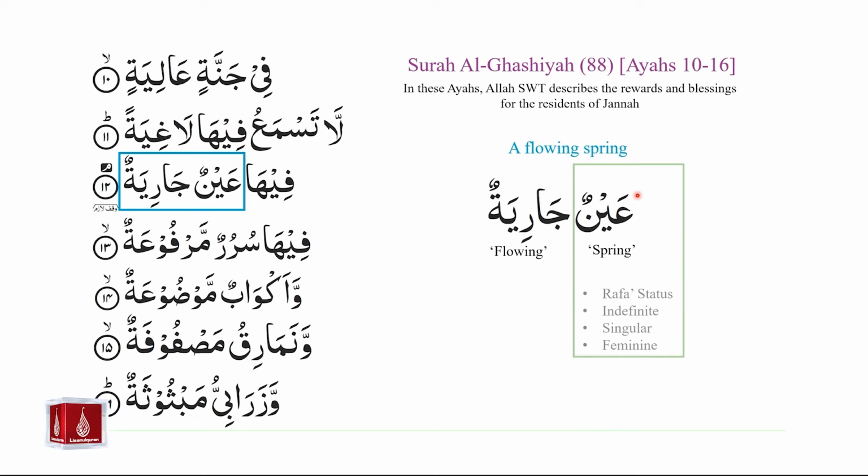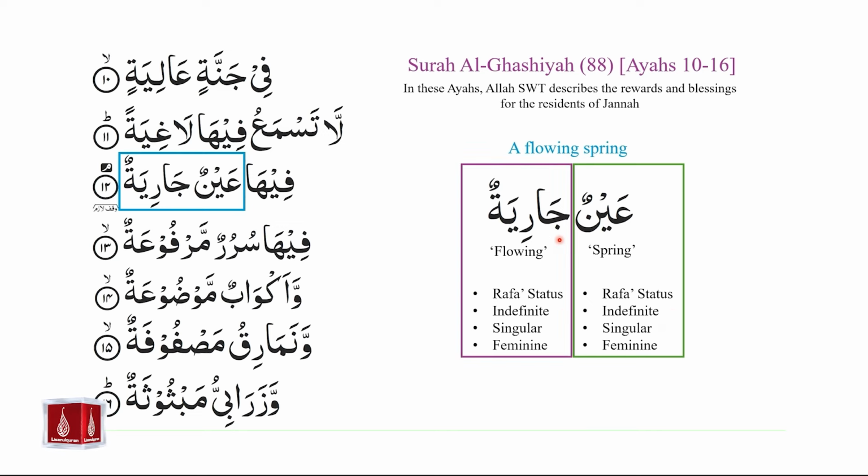In the case of Ainun, it is Rafa in status because of the presence of double pesh on the singular ism. It is indefinite in capacity, it is singular and feminine. In the case of Jariyatun, it is also Rafa in status, it is also indefinite, singular and feminine.